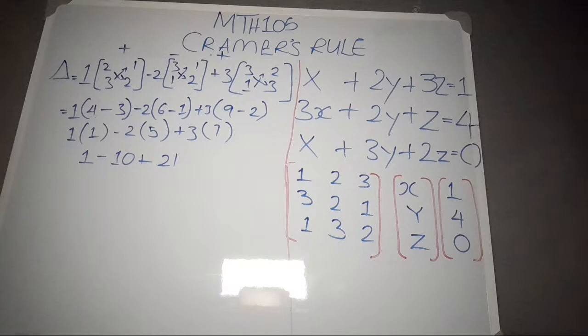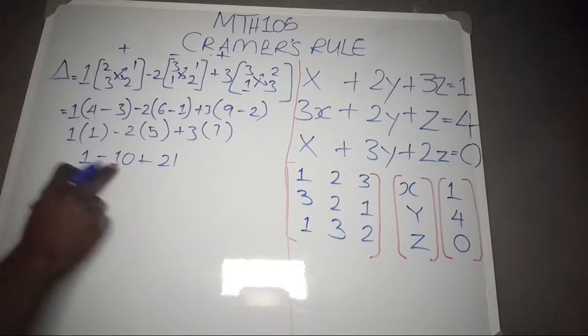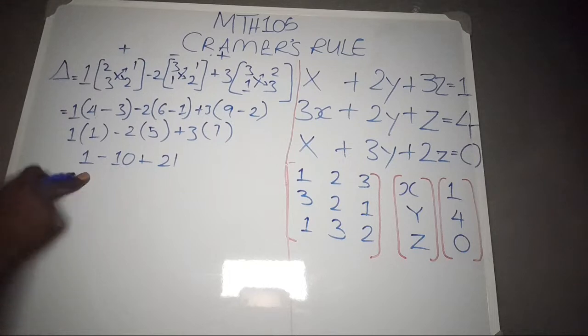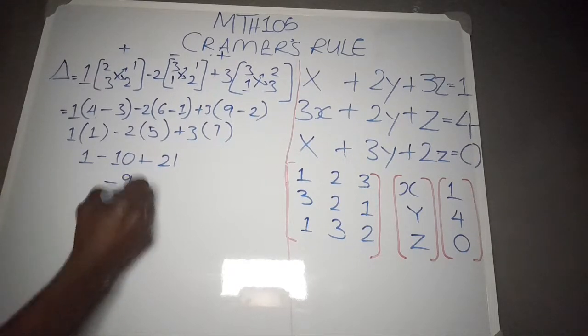Okay, yeah, that's 21. So we may then say this is positive 1, this is negative 10. So when you pay 1 naira out of the 10 naira you're owing somebody, that gives you negative 9.